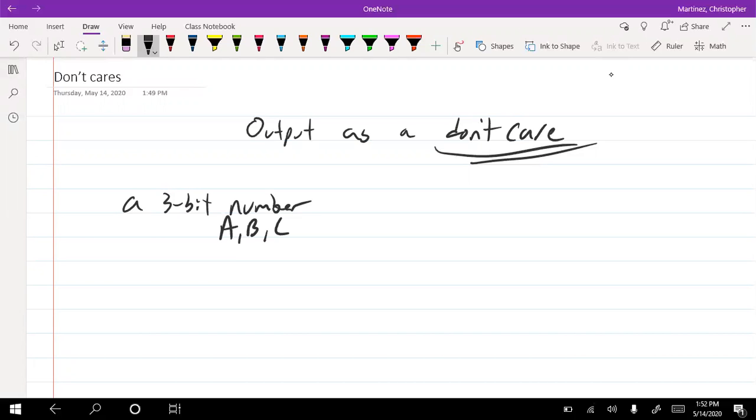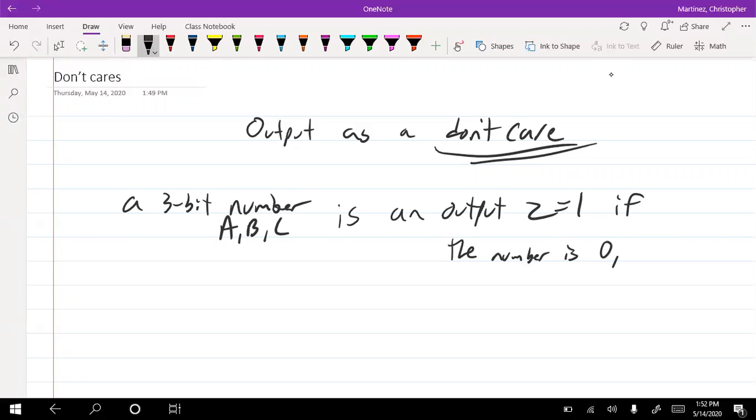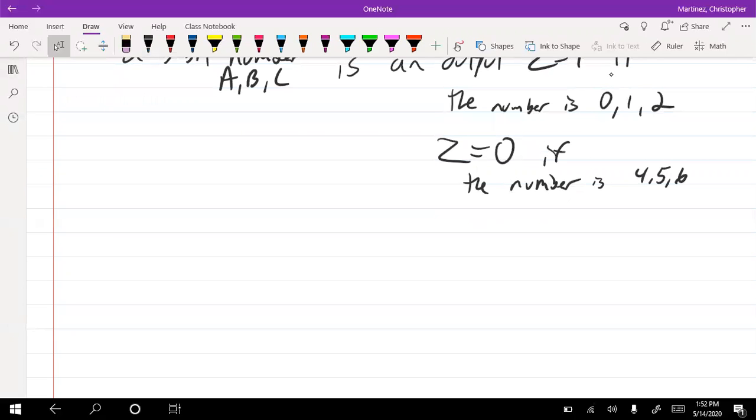We're going to say a 3-bit number has an output Z equal to 1 if the number is 0, 1, or 2. Z is equal to 0 if the number is 4, 5, or 6. Okay, so that gives us our context.